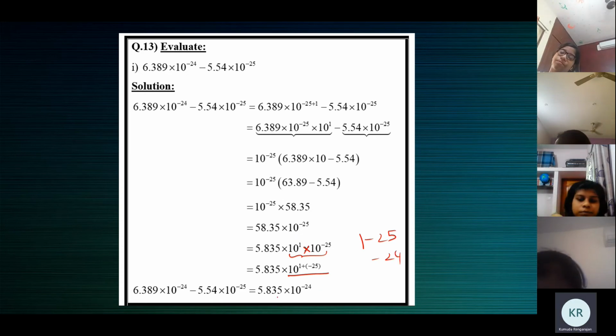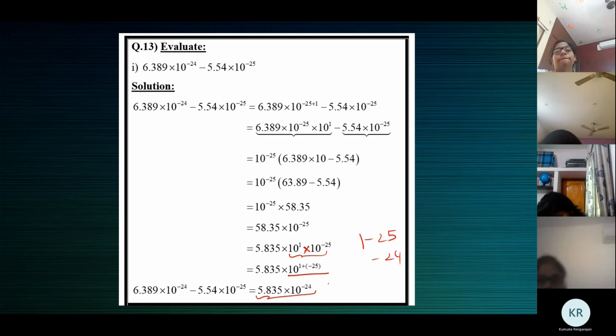So it's 5.835 into 10 to the power minus 24, and you can see that the answer is in the standard form or the scientific notation.